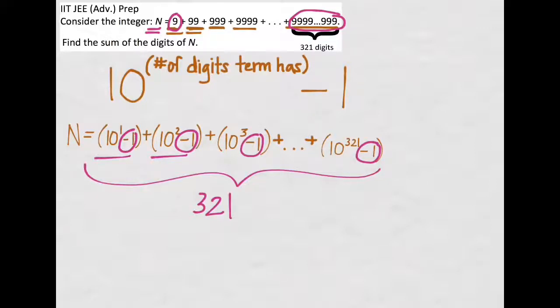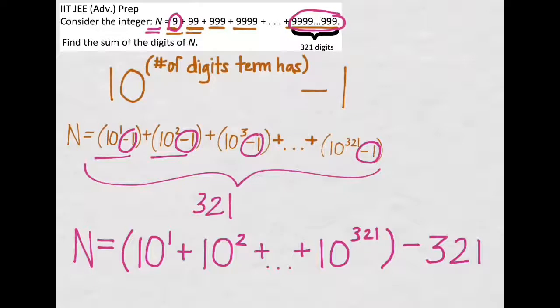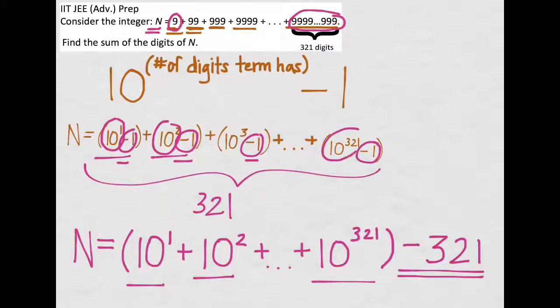So if we take all the negative ones out, we can rewrite n as follows. I grouped the 321 negative ones all together into this term, and I grouped all the powers of 10. So we have 10 to the first, plus 10 squared, and so on till 10 to the power of 321, which was part of the last term.